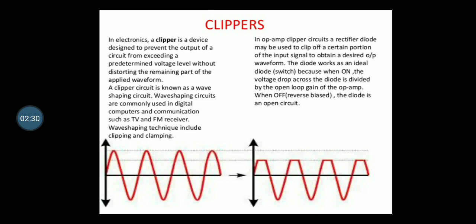When off, the diode is an open circuit. Okay, so in short, a clipper is also called an amplitude limiter. A clipper is used to clip off a certain portion of the input signal to obtain a desired output waveform.